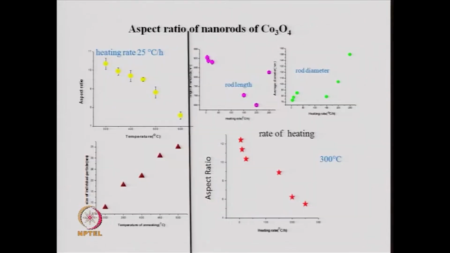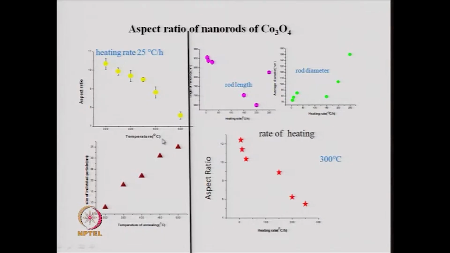particles. So, this can be plotted here, and you can see the aspect ratio goes down with increase in temperature. The aspect ratio is the ratio of the length and breadth, and you can see that if you divide the length by the width, it is like 10 when you heat at 300, whereas the ratio becomes around 7 when you heat at 600.